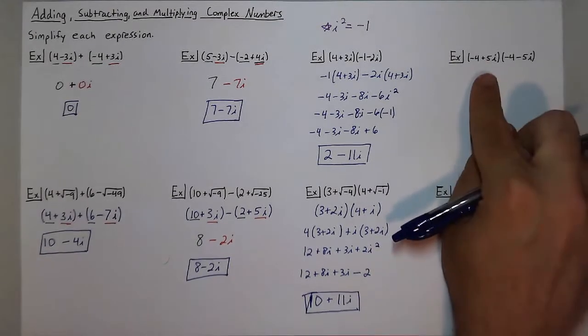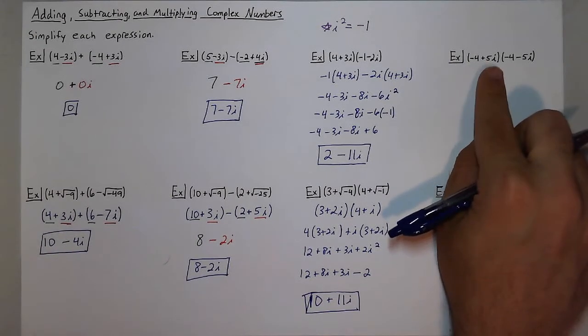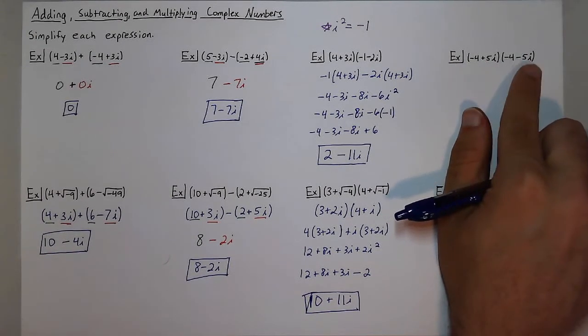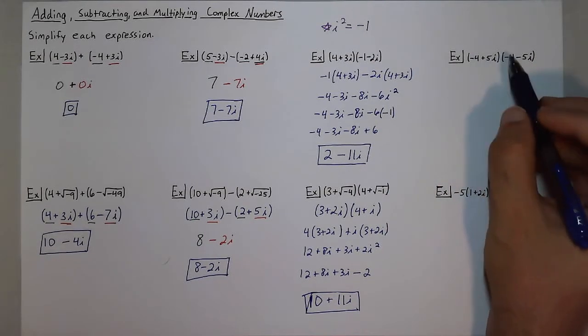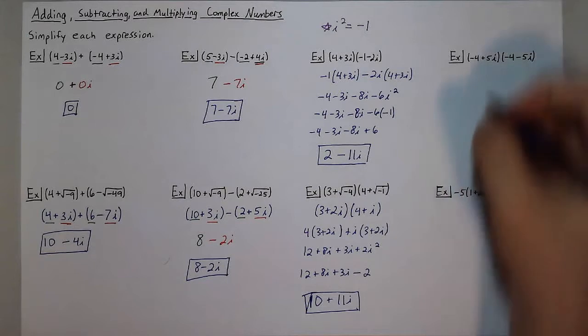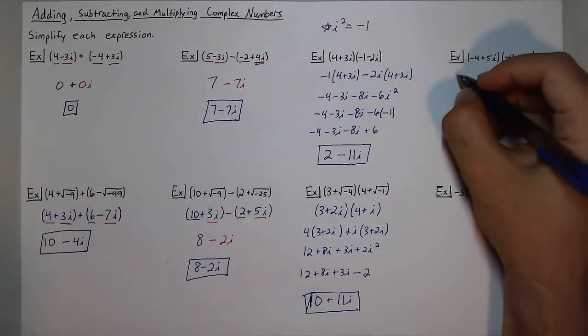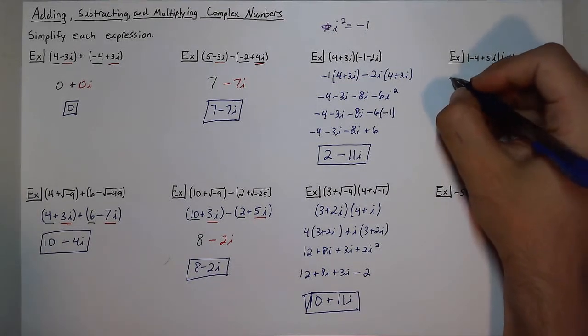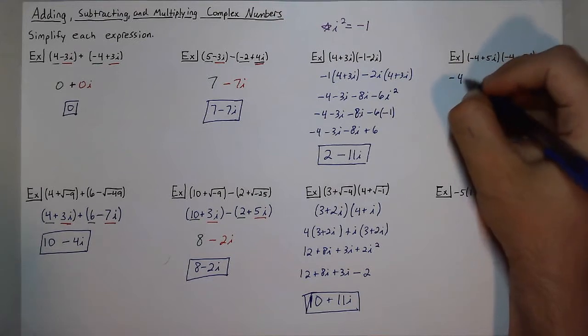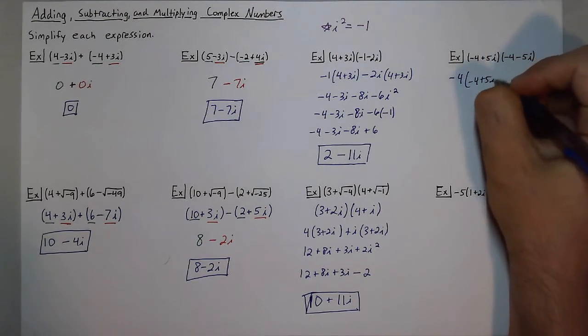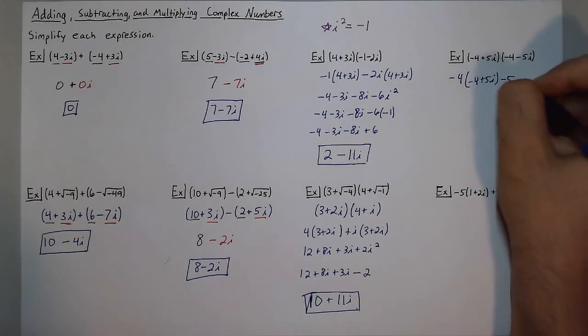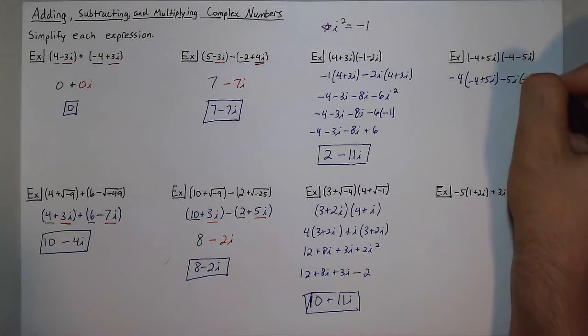Now let's look at this next one. We have negative 4 plus 5i and negative 4 minus 5i. These are conjugates since I'm just changing that middle sign. But if I were to go through and multiply, I would get negative 4 times negative 4 plus 5i, and then minus 5i times negative 4 plus 5i.